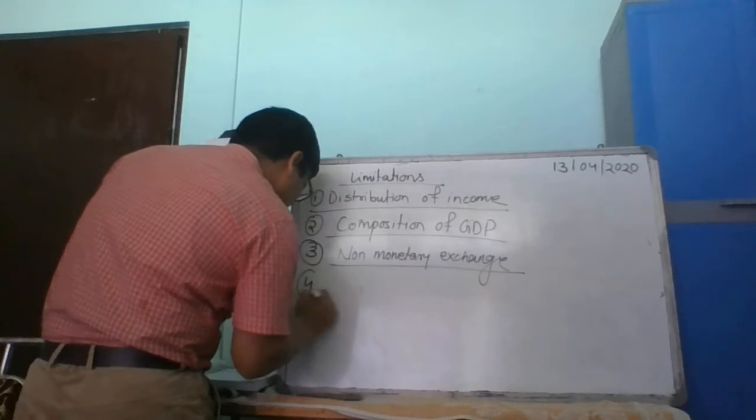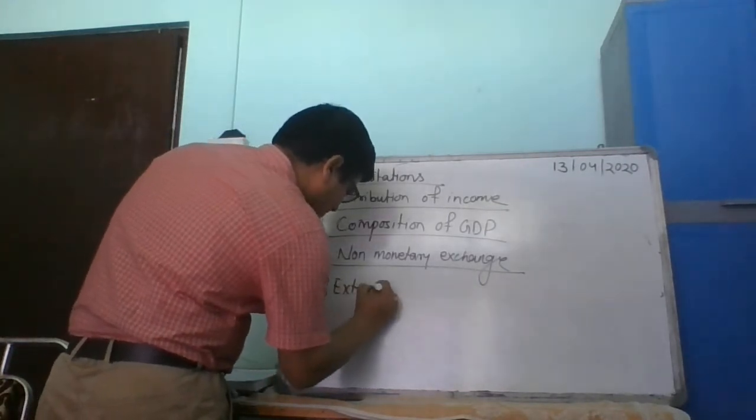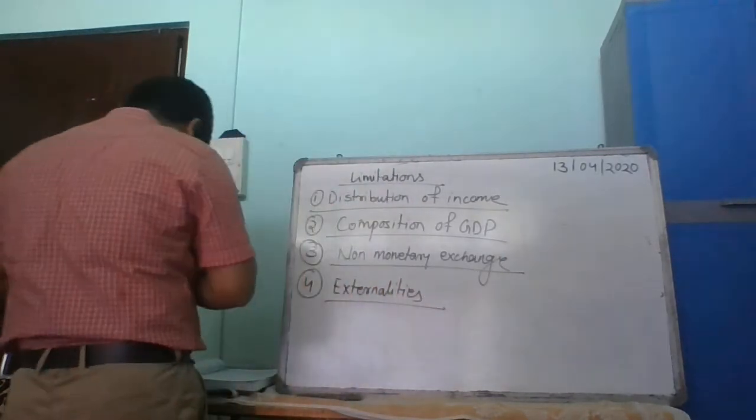Then the fourth one is externalities. What do you mean by externalities?